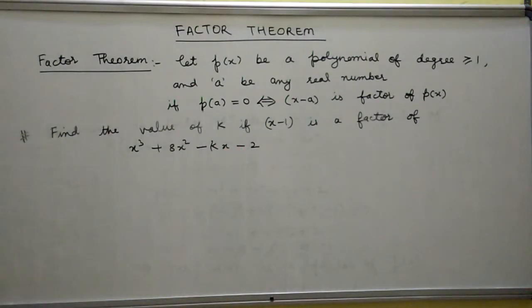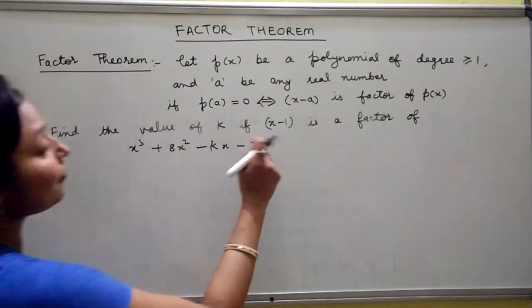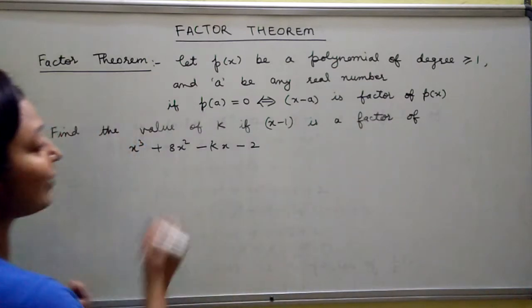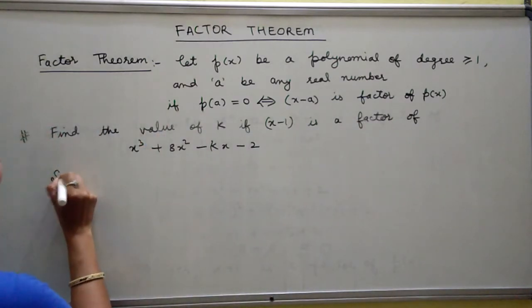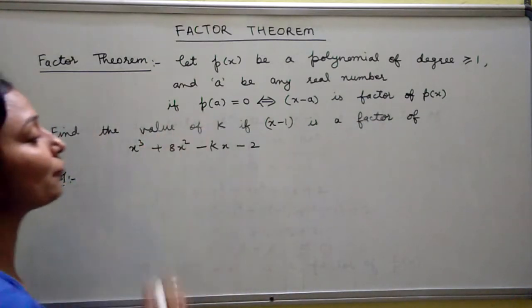So this is the question. Find the value of k. If x minus 1 is a factor of the given polynomial, how can we find the value of k?